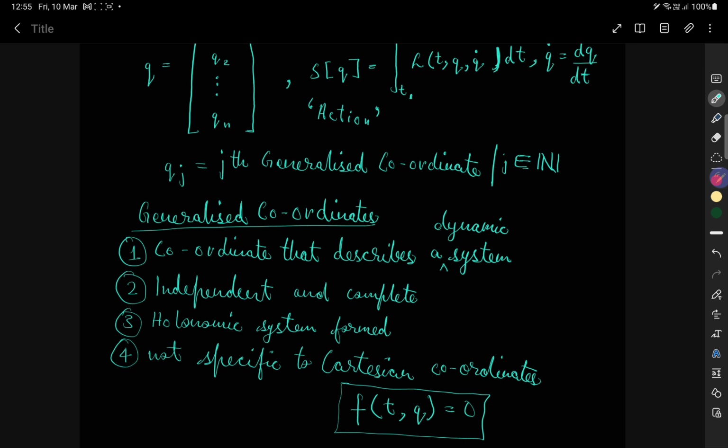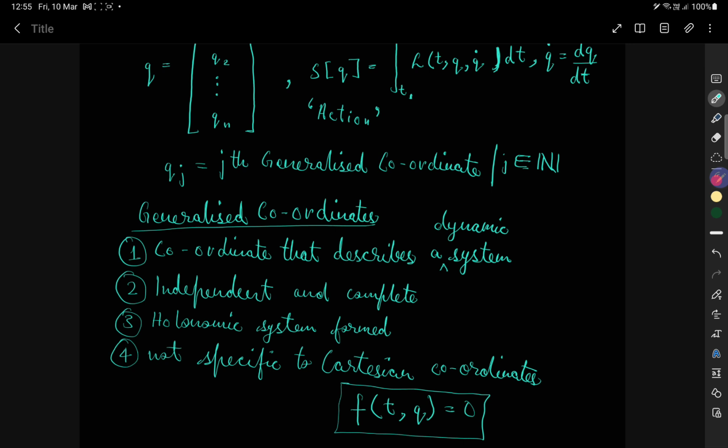What does completely describing a system mean? That you should be able to figure out the position of each distinct body or element involved within the system through these sets of coordinates. They must be independent, so I'll explain that bit. And the third bit is that they should form a holonomic system.